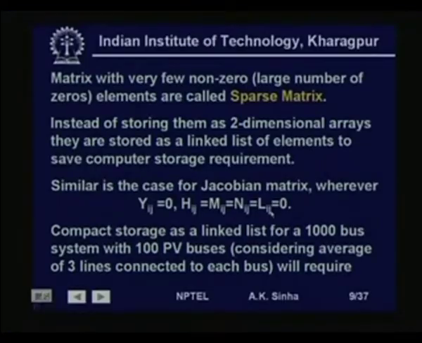Therefore, compact storage using linked list can be used for storing the Jacobian matrix elements as well.